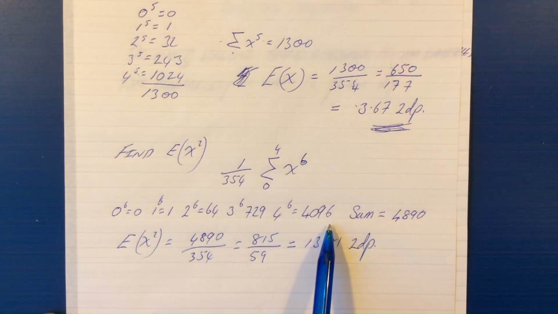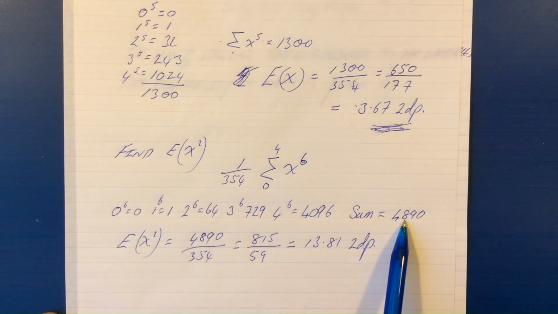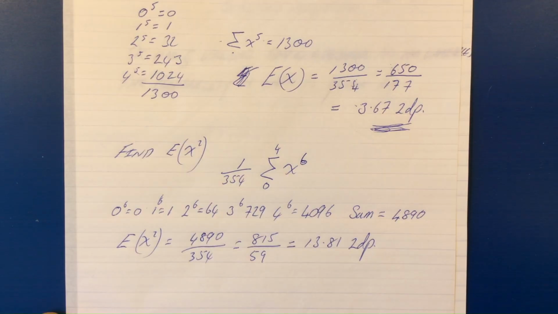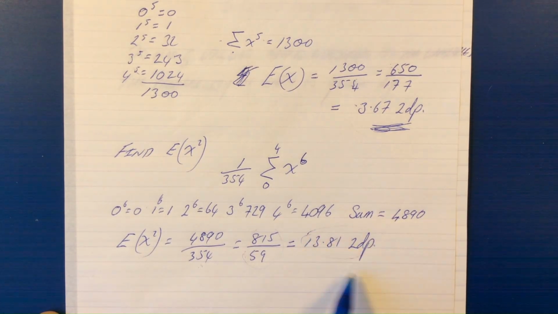I won't call them out. They total to 4,890. So if we figure out the expected value of x squared from this, it is 4,890 over 354, which is 815 over 59. Again, just simplification. And for ease of reference, it's 13.81 to 2 decimal places.